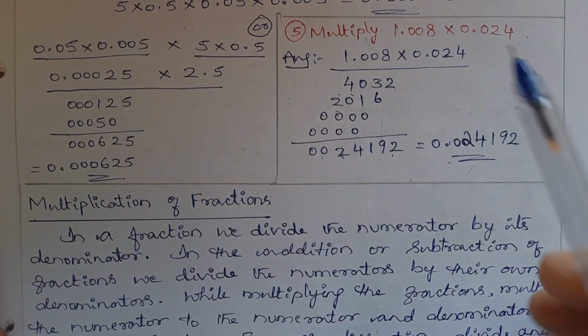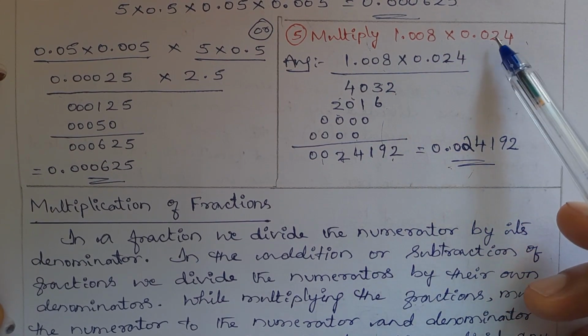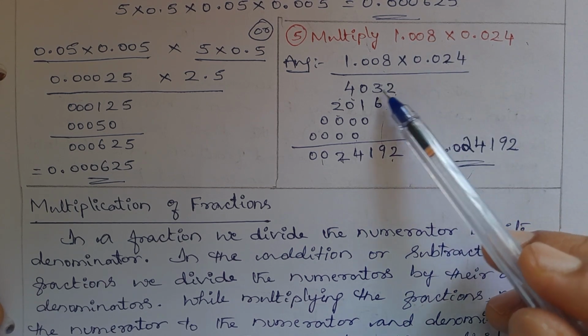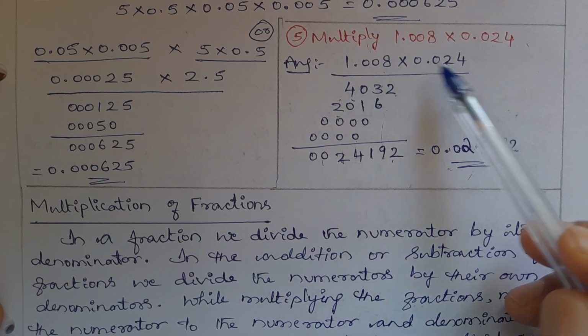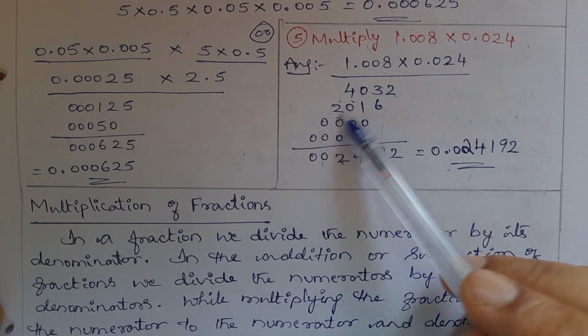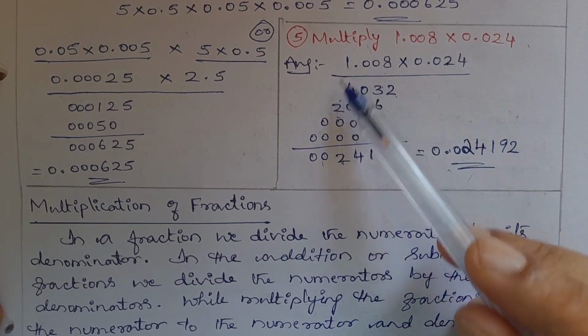Next, fifth example, multiply 1.008 into 0.024. So 4 8s are 32. 4 into 0 is 0, 4 ones are 4. 2 8s are 16, 2 into 0 is 0, 2 ones are 2. 0 into 8 is 0, 0 into 0 is 0, 0 ones are 0.